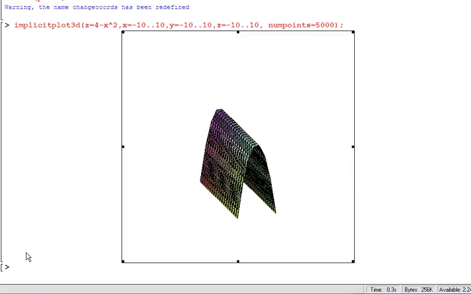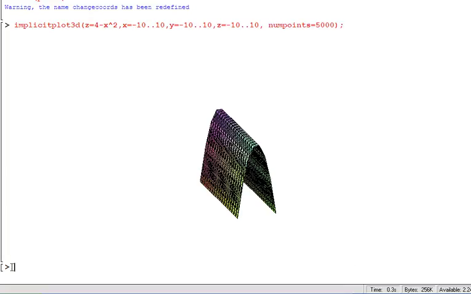Again, we're going to go to Maple. Let's type this in. Actually, I'm just going to copy and paste. That's easiest.